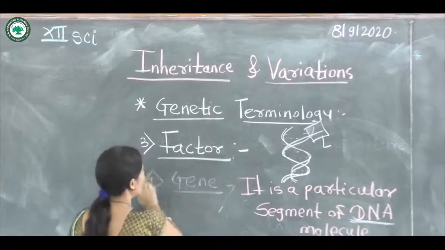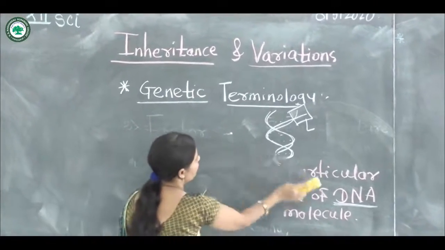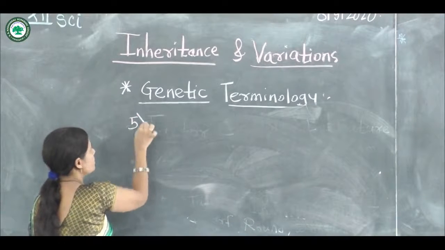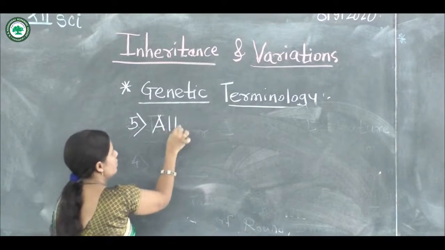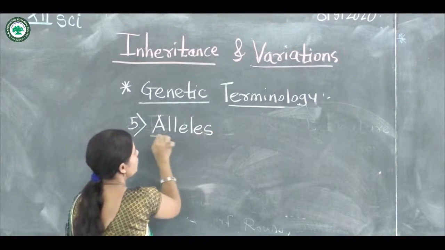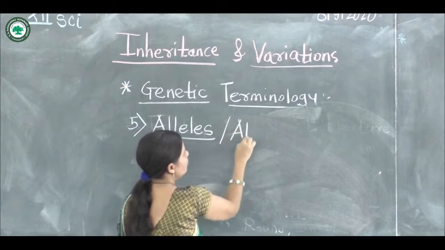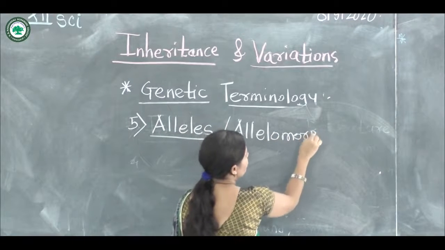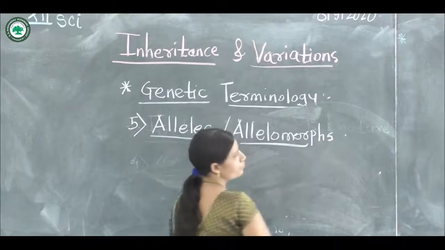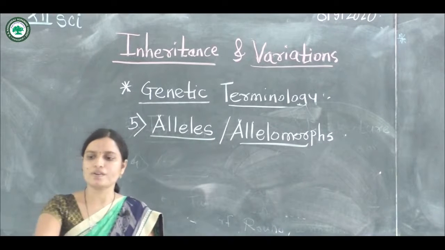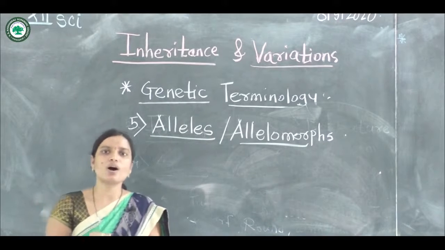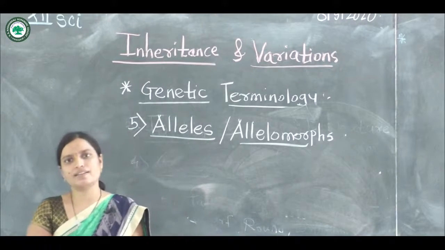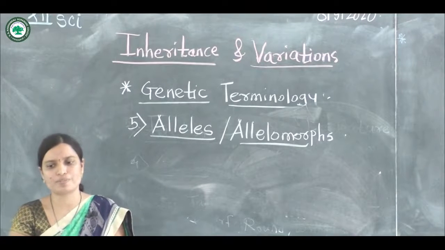The next terminology, the fifth term, is alleles or allelomorphs. Alleles means two or more alternative forms of a gene.